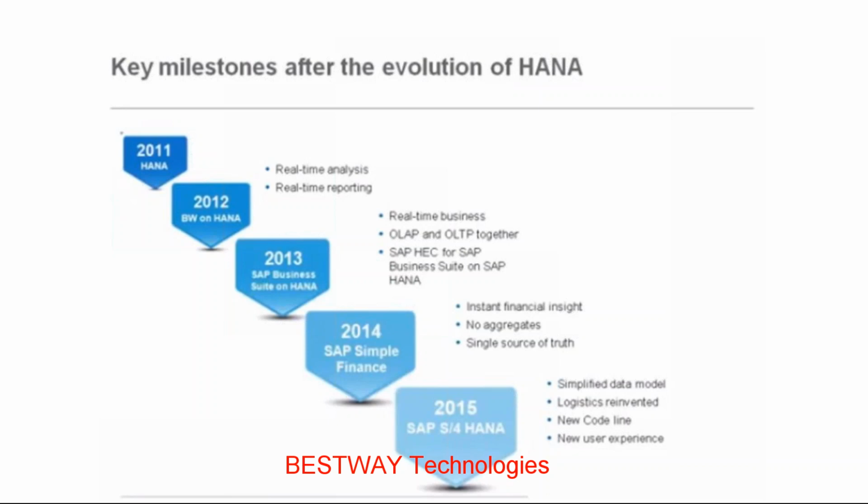With the introduction of the HANA database, the main advantage is you will have one database. That is your HANA database, which acts as OLTP as well as OLAP. That means you don't need a separate database for ERP and BW.